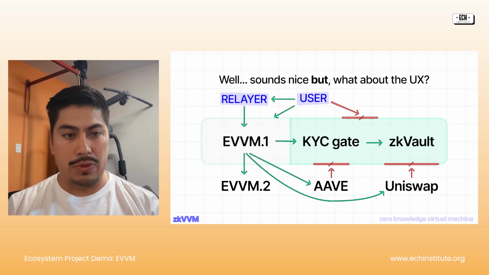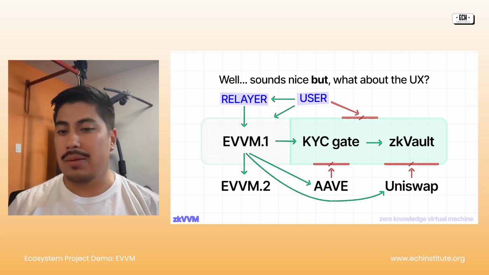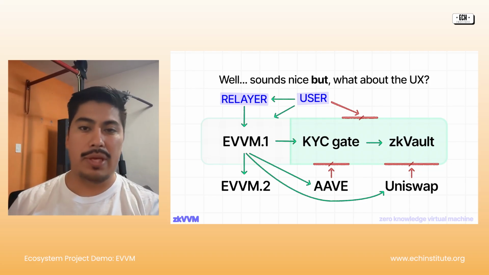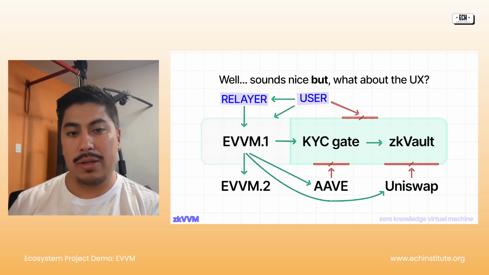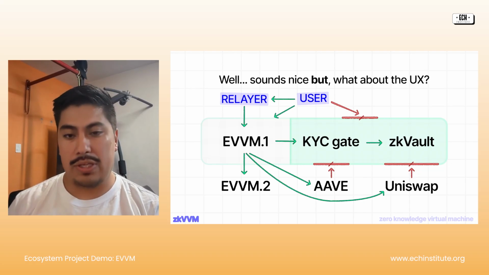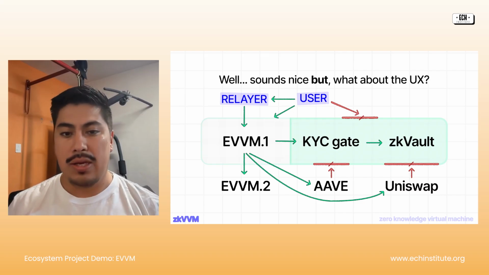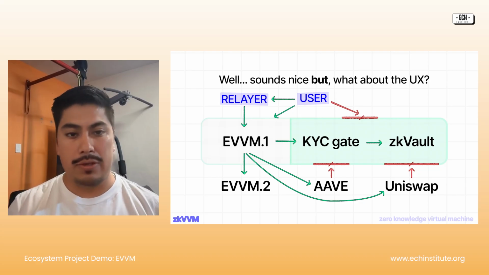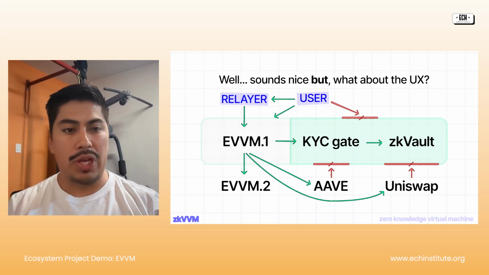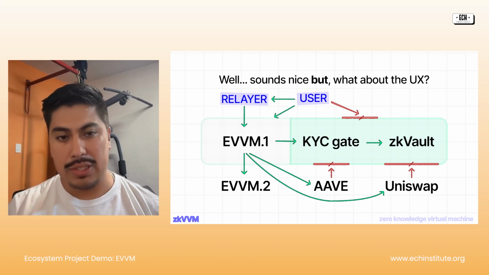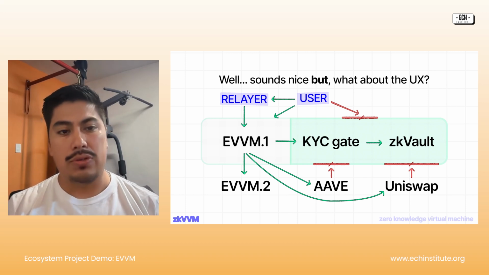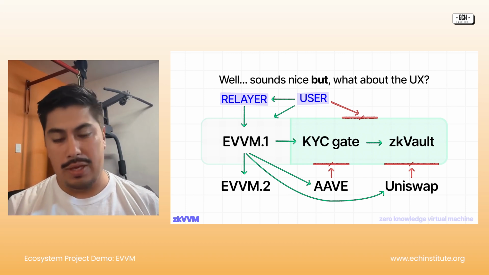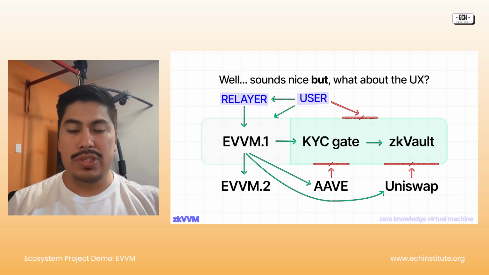So how it works. On the UX side, we abstract everything, because EVVM helps make it easier for the user to use ZK applications with no need to understand hard or heavy concepts. We have relayers, which are basically fishers. The relayer lives in the EVVM and is connected, and the user sends a transaction.